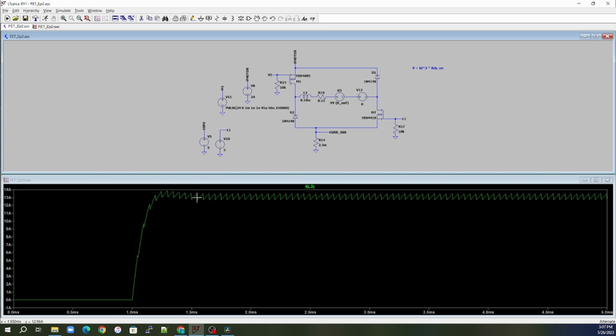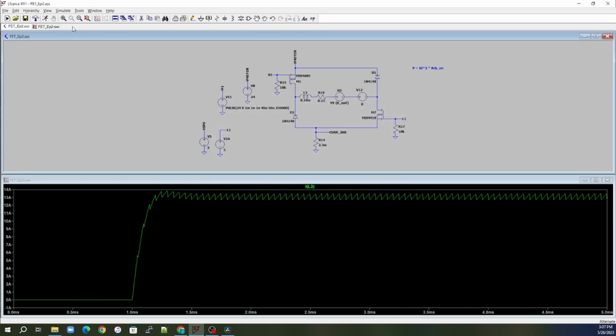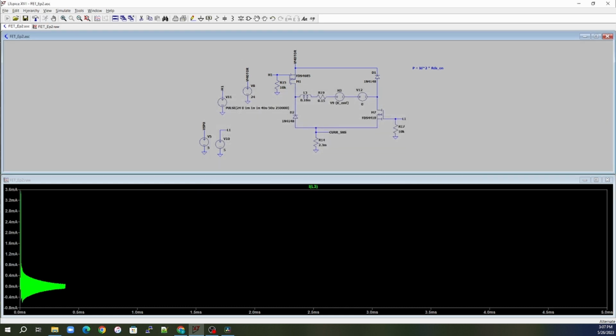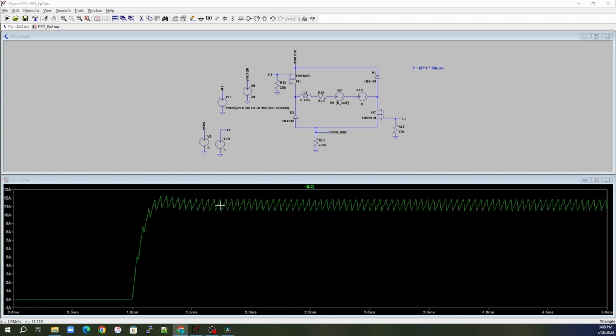And you can see here, this is about 13.13 amps. Let's do an 80% duty cycle. And here we can see an 80% duty cycle is about 11.1 amps.